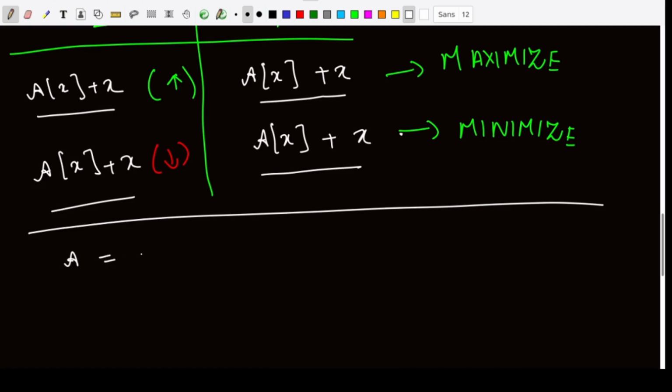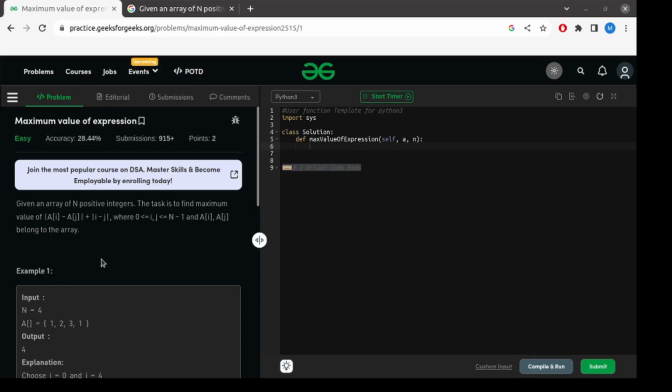Let us take the example which was there here. So the example here is basically 1, 2, 3, 1, and the output is 4. So let us take that example.